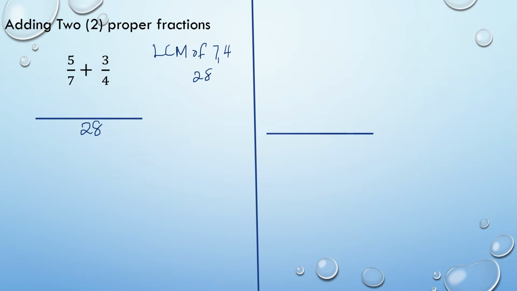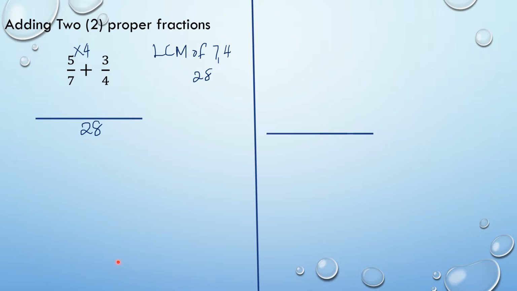Recognize that in a fraction the top number is the numerator and the bottom number is the denominator. So we say 7 into 28: how many 7s are in 28? It's 4, and we multiply that by the numerator.